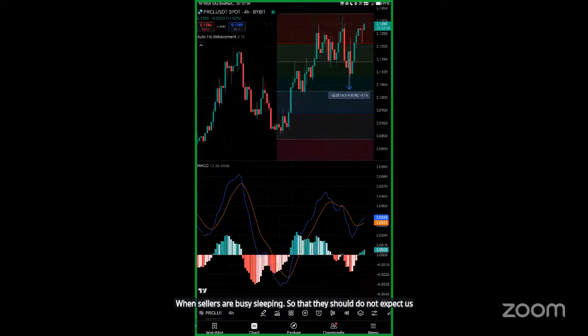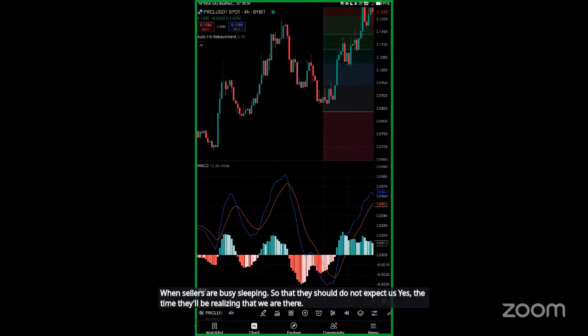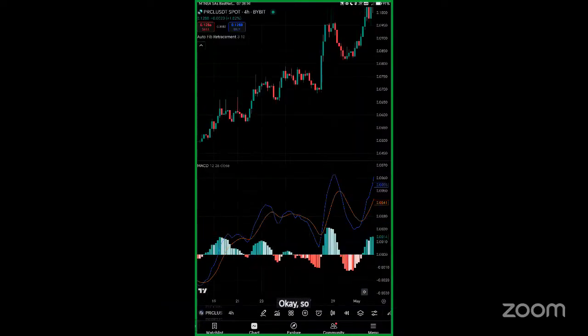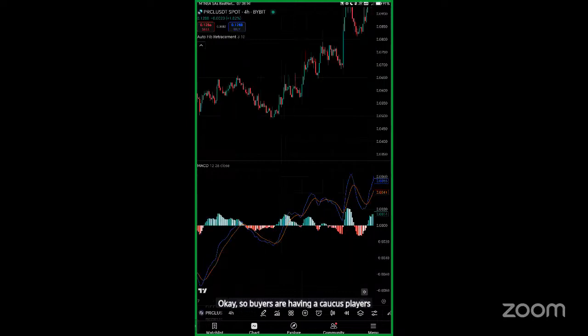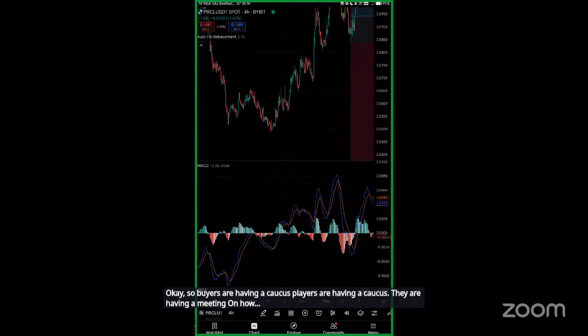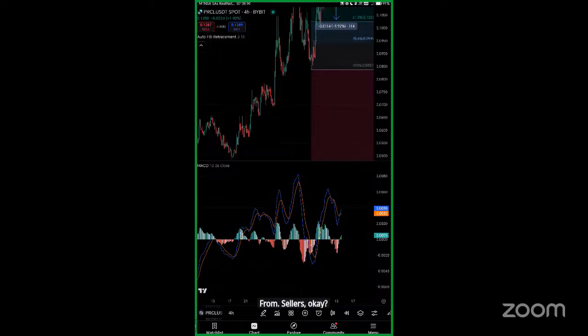By the time they realize that we are there, we have already taken the price from them. Okay, so buyers are having a caucus. They are having a meeting on how to take prices from sellers. Yes, they do that.